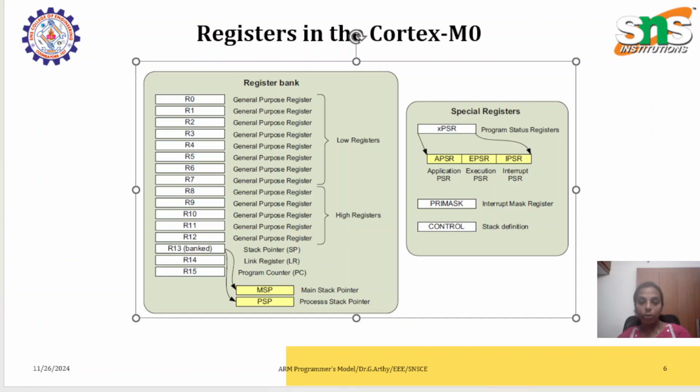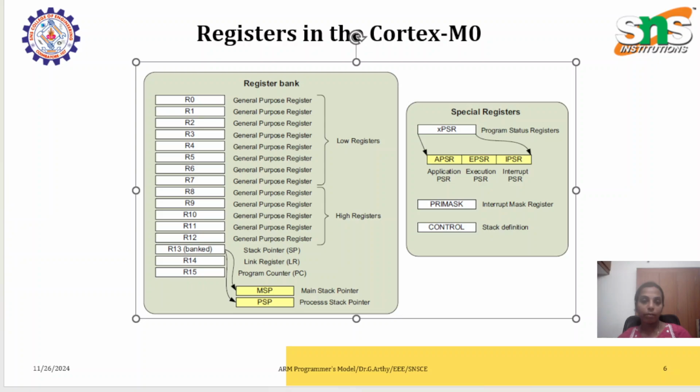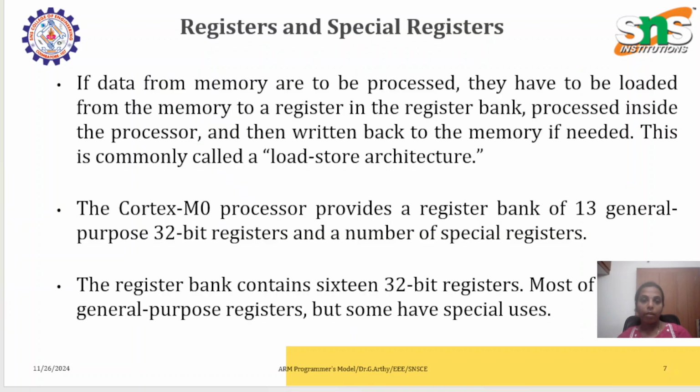Then we have two stack pointer registers, and a few special function registers. If data from memory is to be processed, it has to be loaded from the memory to the register bank, processed inside the processor, and then returned back to the memory if required. This process is known as load store architecture.